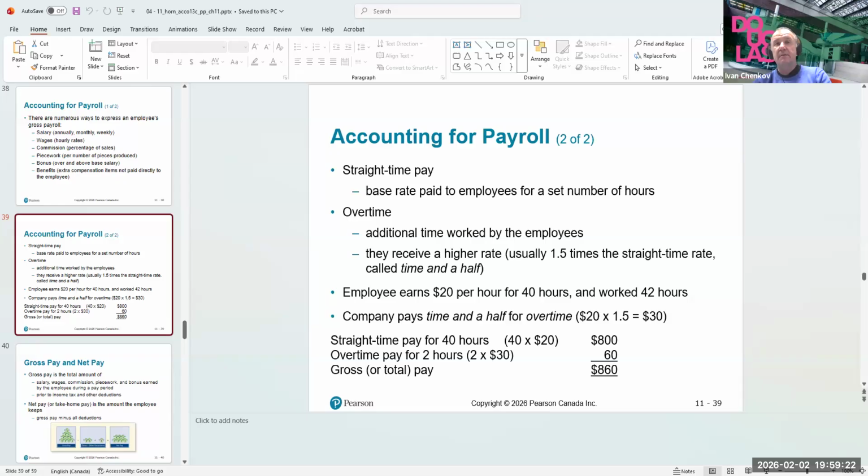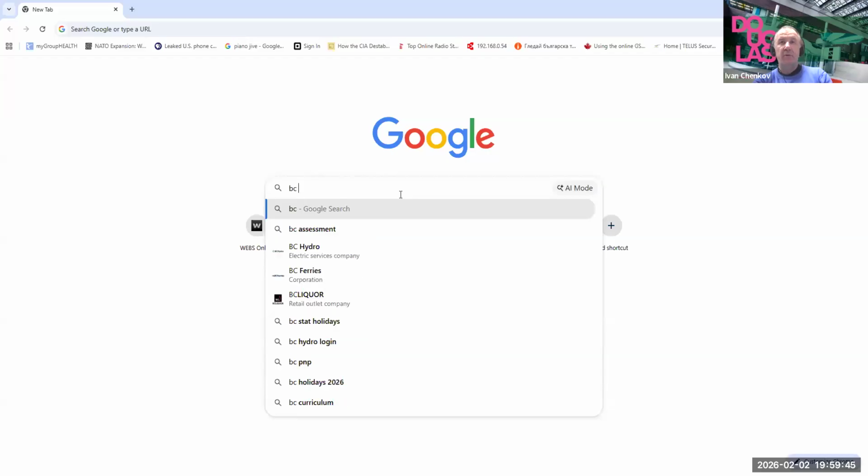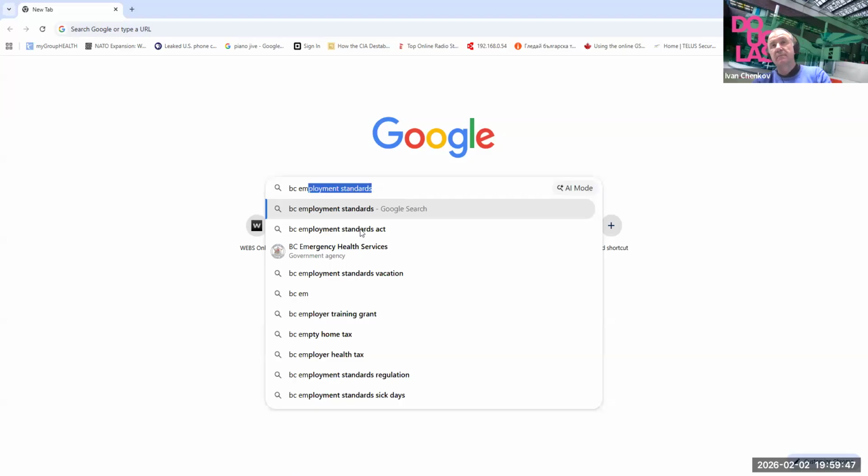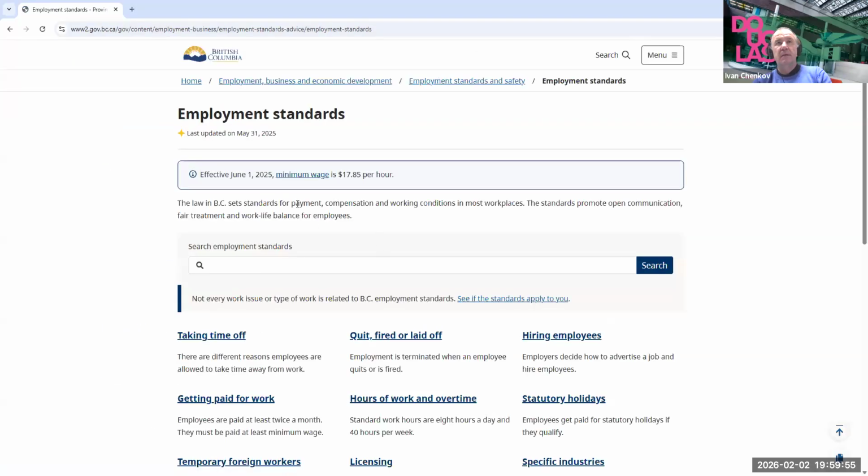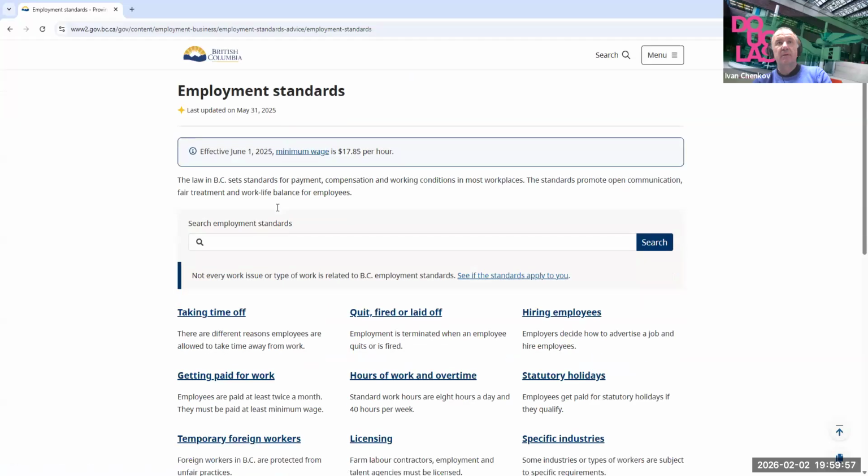You can easily see it on the internet and what is explained there about the regular time and the overtime. The only thing that you have to do is go to some search engine. And once you open the search engine, you can easily type BC Employment Standards Act. Once you get the BC Employment Standards Act, you can click on the first one.